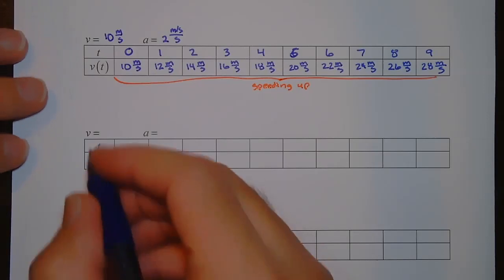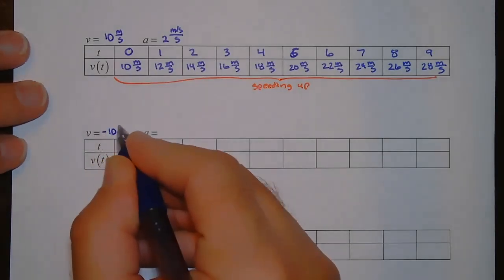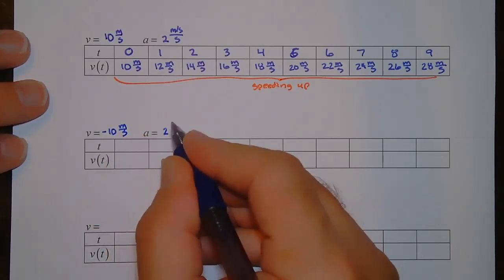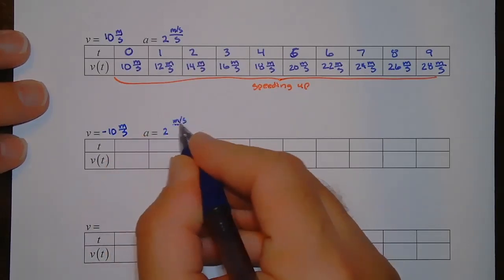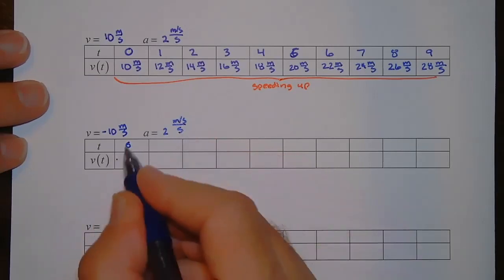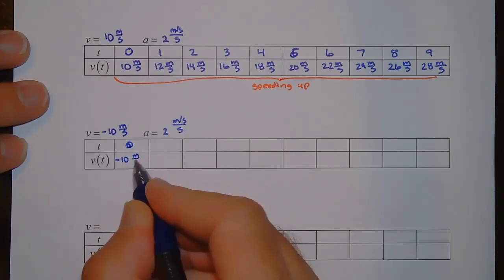Let's take a look at this. What if we had negative 10 meters per second, but we still had a positive acceleration of 2 meters per second per second? At time zero, we'd be at negative 10 meters per second.